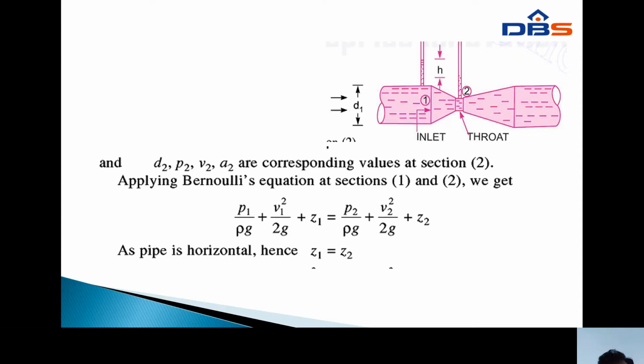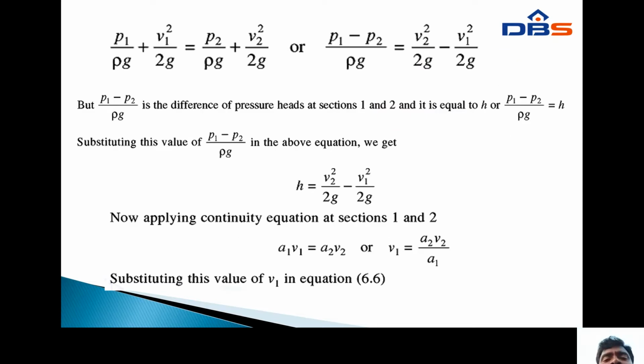Therefore, the equation is written as P1 by rho g plus V1 square by 2g equals P2 by rho g plus V2 square by 2g. Z1 is cancelled on both sides.